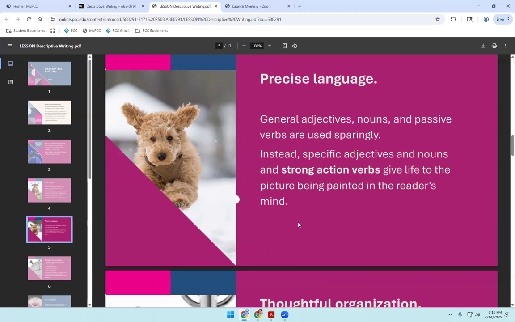How about some different, more specific words for someone walking? Anybody think of a verb that is like another word for walking, but might paint a more specific picture? Running. Running, yeah. Stride. Stride, yeah, that could be it.